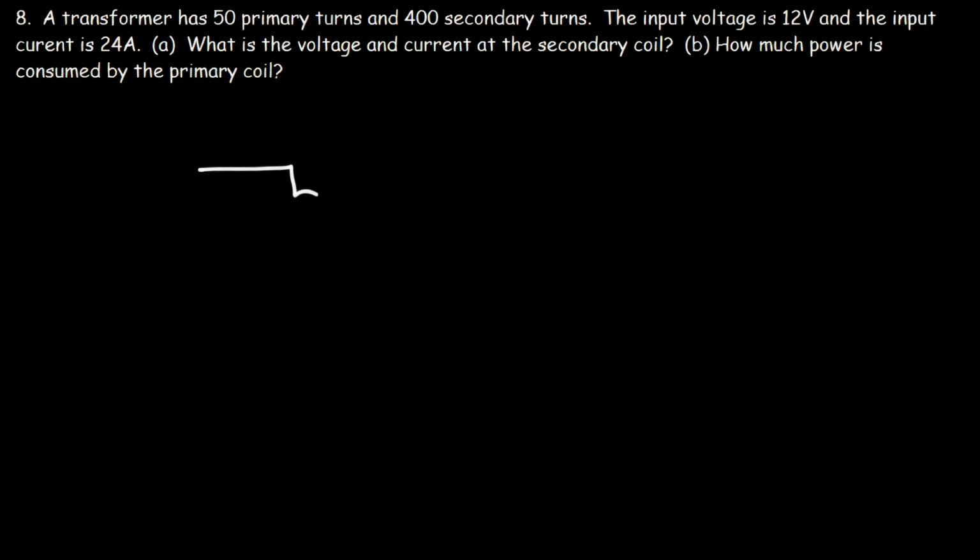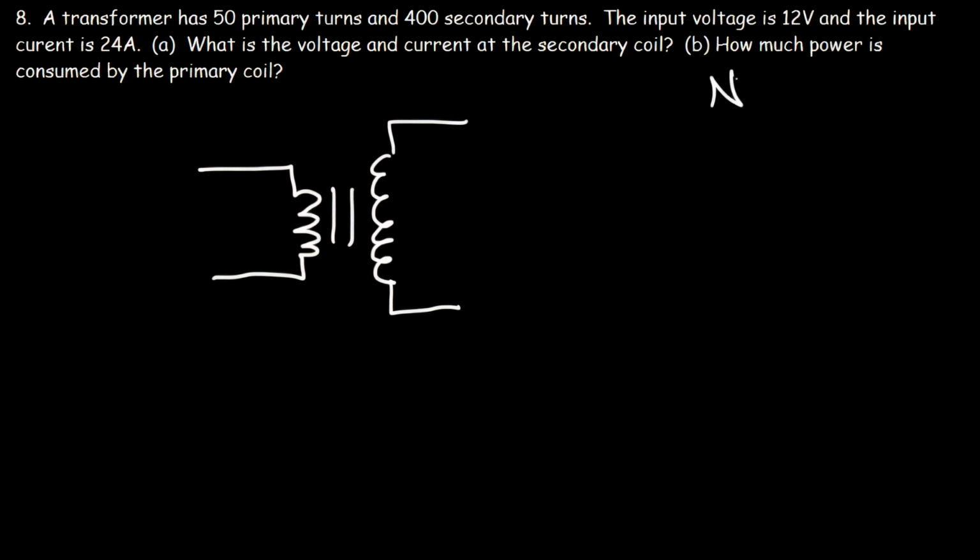So let's draw a picture. This is going to be the primary side, and this is going to be the secondary side. Now, is this a step up or step down transformer? Since NS is greater than NP, this is going to be a step up transformer. The voltage is going to increase. Now, the input voltage is 12 volts, so that's Vp.